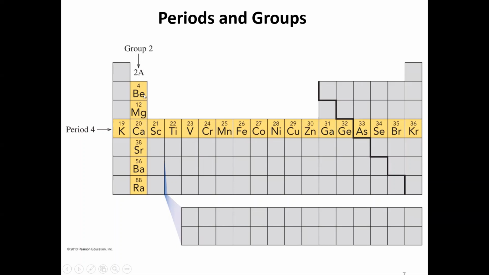Now don't just start counting at the top. Remember, you have to start with hydrogen as period 1. So you'd have 1, 2, 3, 4, and that would be calcium, okay? Group 2, period 4.